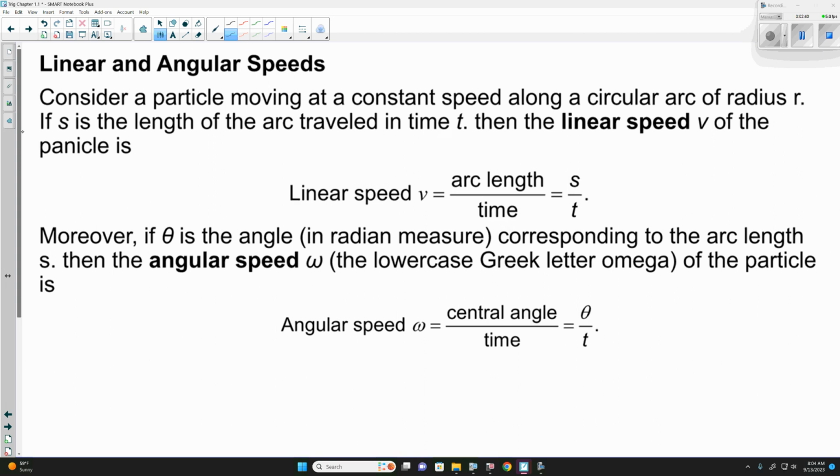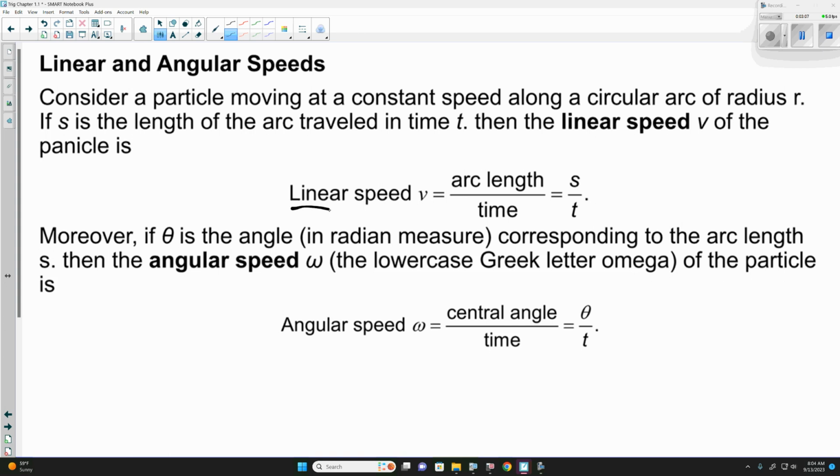Now, we're not going to get too much into this linear and angular speed, because I know we talked about this last year, but do you know the difference between linear and angular speed? So linear speed, well, if we talk about linear, we're talking about a line. Angular, we're talking about an angle, and that's the main difference.